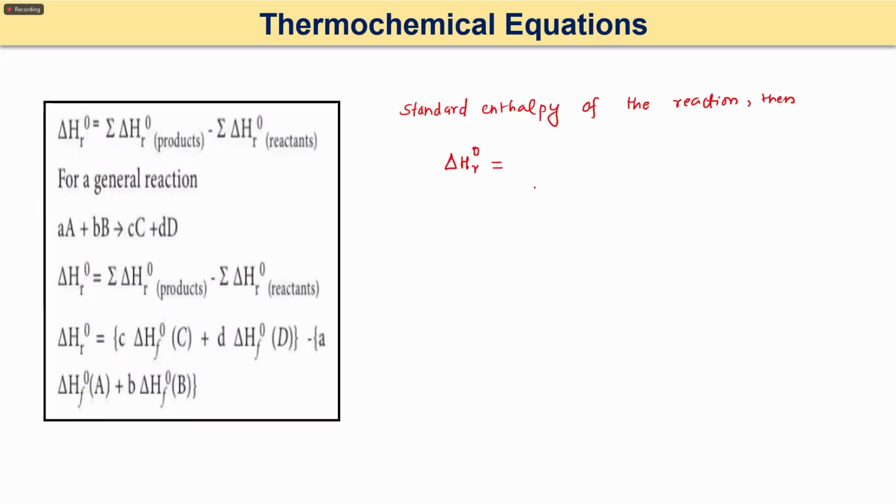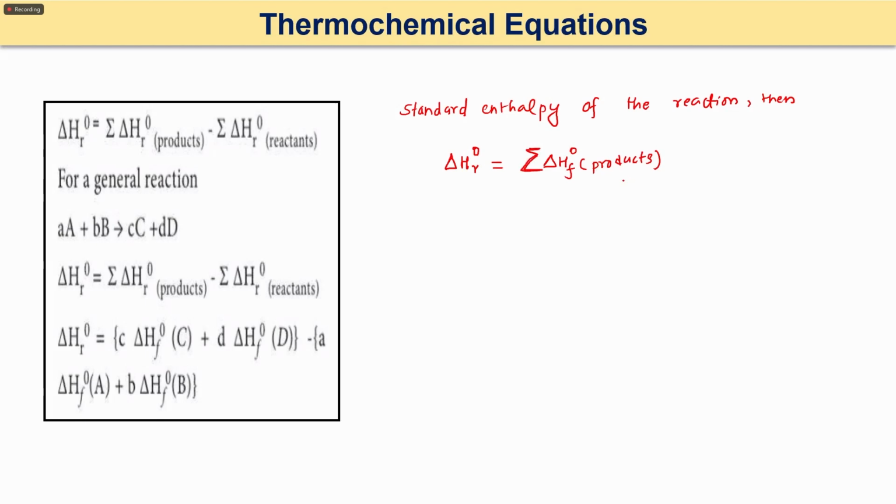So what is the standard enthalpy of formation of products? To denote standard we write it like this: the sum over products. Why are we using this sign?